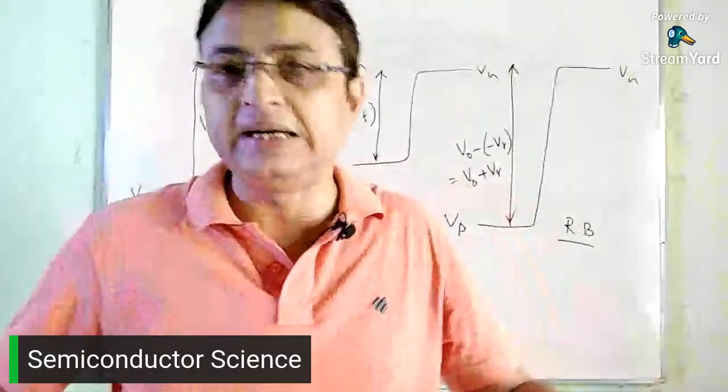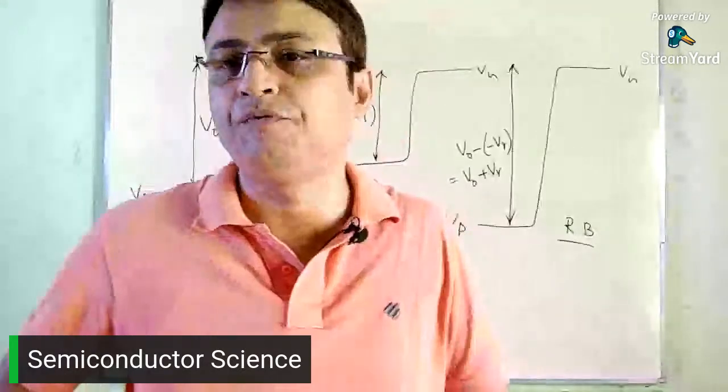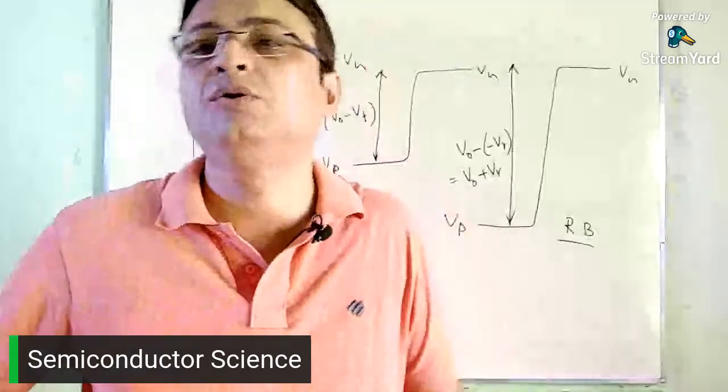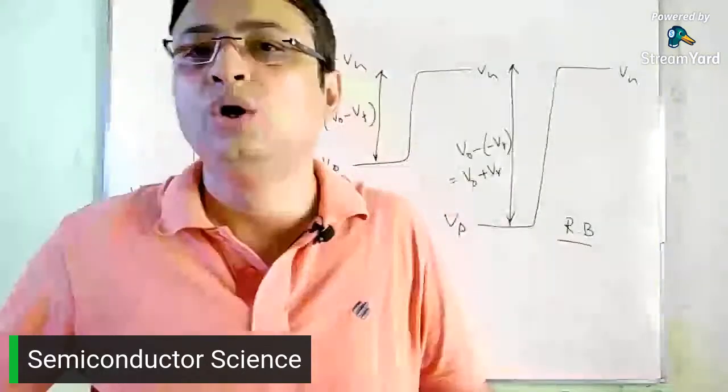Without a value greater than 0.3 or 0.4, you can't get current from the PN junction. So how can you establish that V0 is greater than VR?